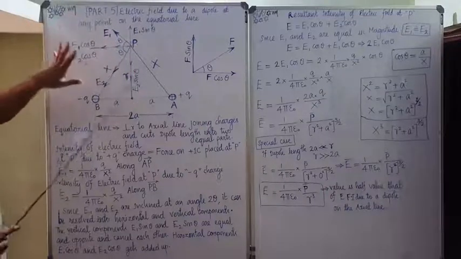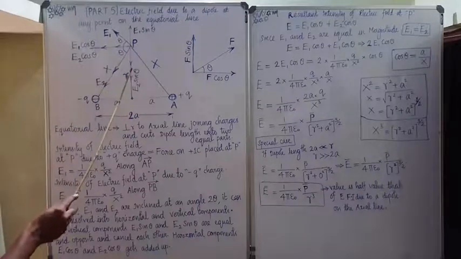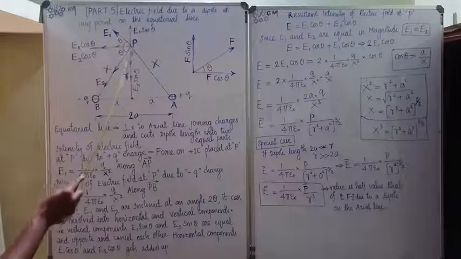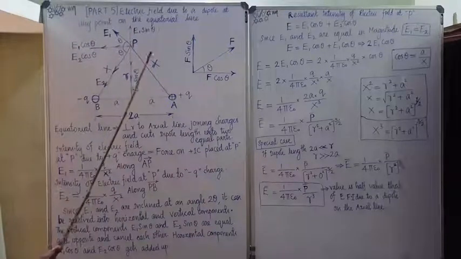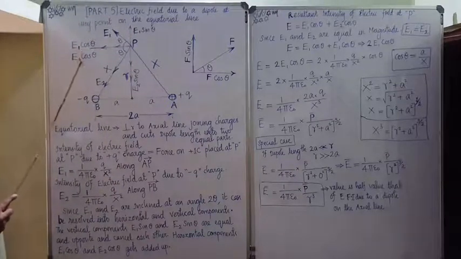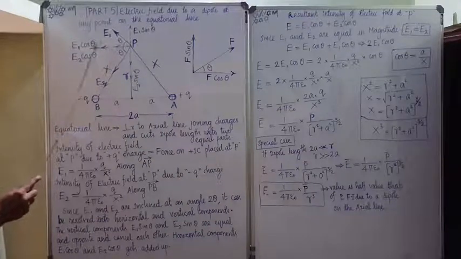After all that, E2 sin theta and E1 sin theta are in opposite directions, so they are equal and they will cancel each other. And E1 cos theta and E2 cos theta are in the same direction, so they will add up.